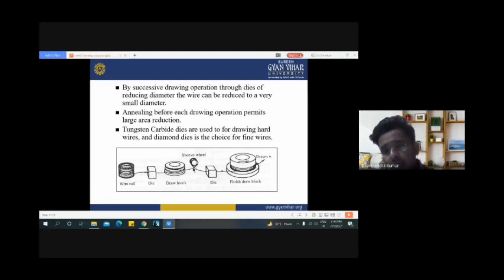Here the input diameter of this wire is 4 mm, and our requirement is 2 mm. Then we place another die with an opening diameter of 2 mm, and the wire is pulled from this die and bent in the finished draw block. We can say that we have reduced the diameter from 6 mm to 2 mm. We have already discussed that it is very convenient for wires or tubes.